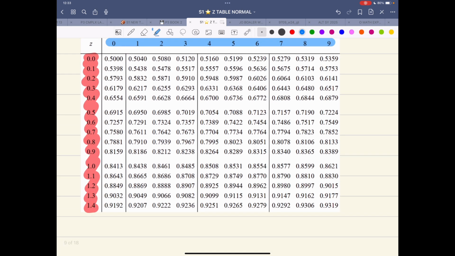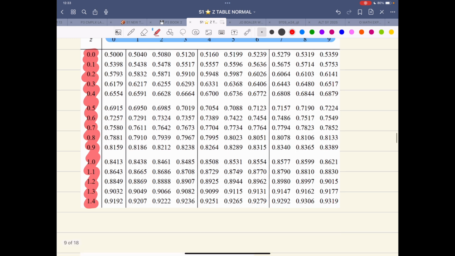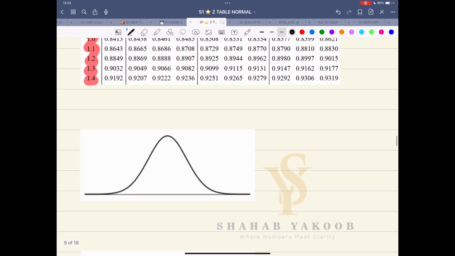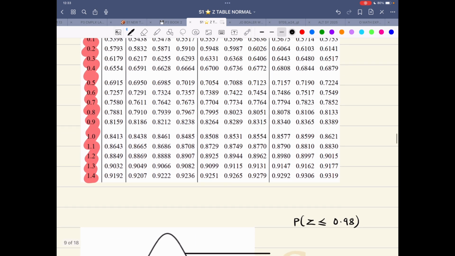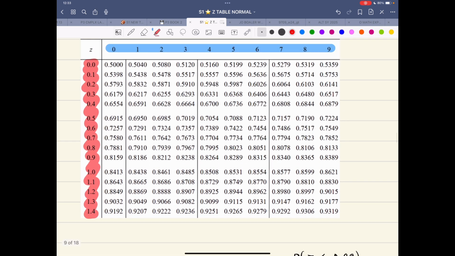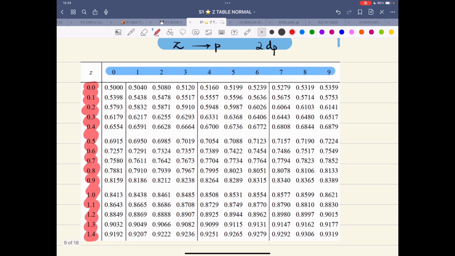So let's get started with this. Let me choose a Z value. Let me write, I'm interested in the probability Z less than or equal to 0.98. The Z value is 0.98. So over here, let me just choose this, 0.9, and I have just drawn the line like this. And I'm interested in 0.98, so this is the 8 value.